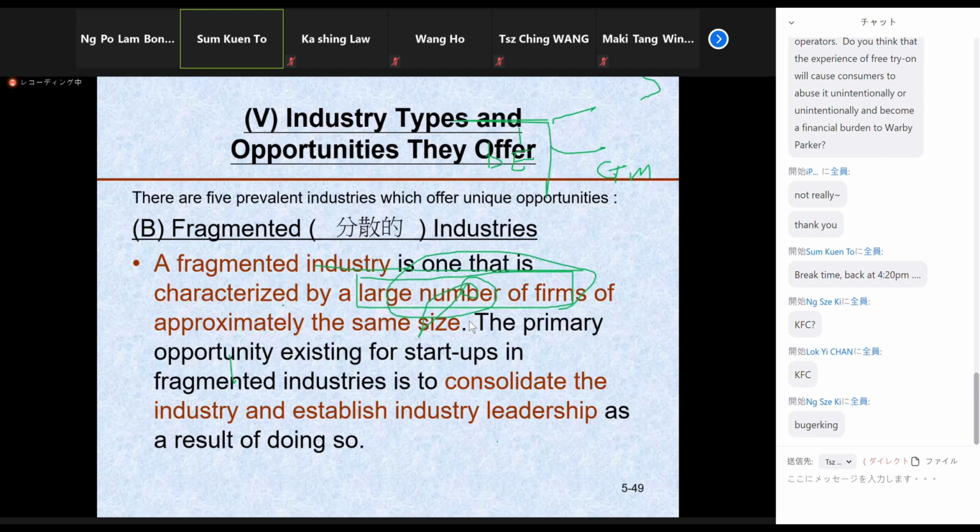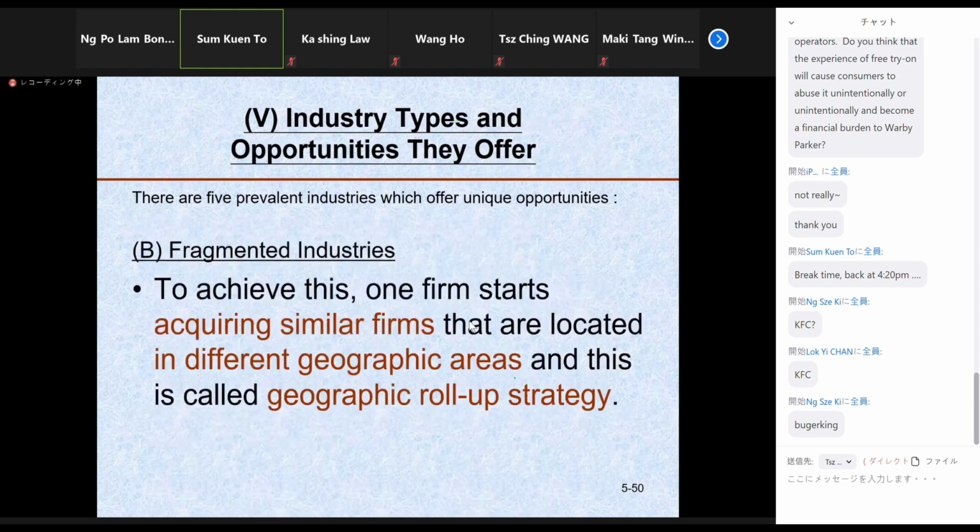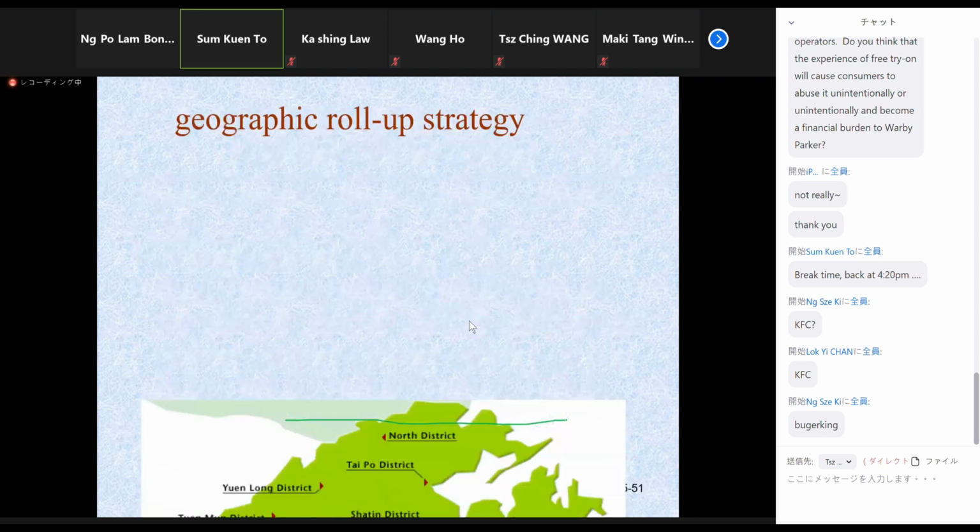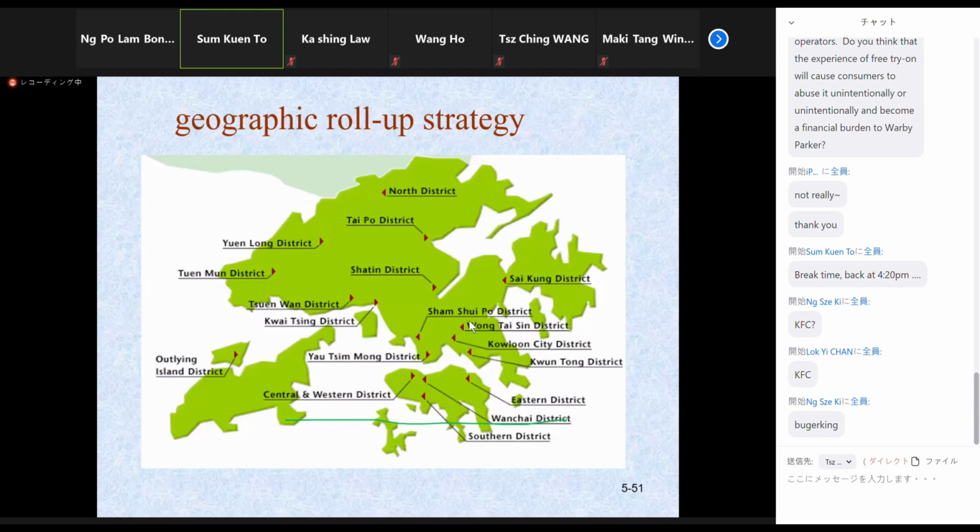what you can do is try to become a leader by consolidating the different companies together. You may still be confused, what does it mean? Let me give you an example. You can go for a strategy called geographical roll up. Let's take a look. Let's say there are a lot of small operators. You are one of them.